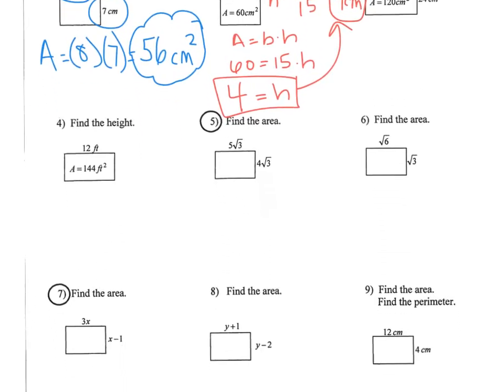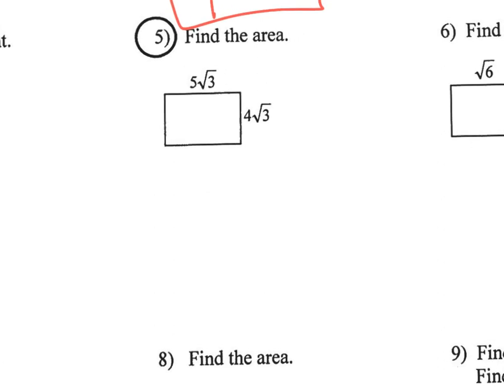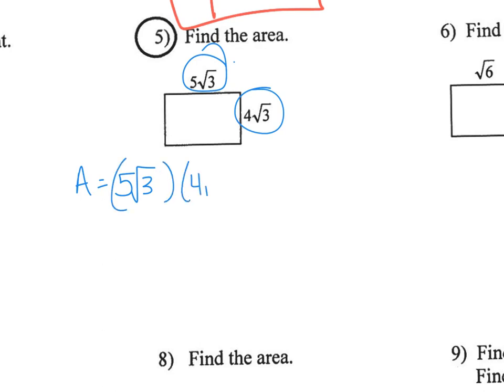Let's go to the next one, number 5, we're going to do together. We're going to find the area of this figure. This is a rectangle. I'm going to do base times height. So the area is 5 root 3 times 4 root 3. Now you have to remember how to multiply your radicals. Outside times outside, 5 times 4 stays outside.